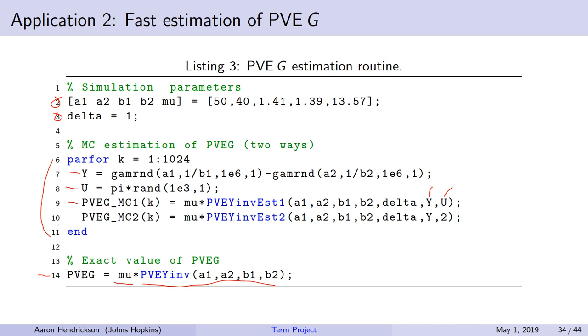And then of course I'm multiplying this whole thing by mu, which is the expected value of X. This thing is my estimate for the principal valued expectation of Y inverse.